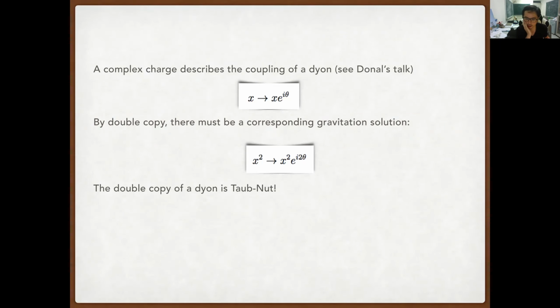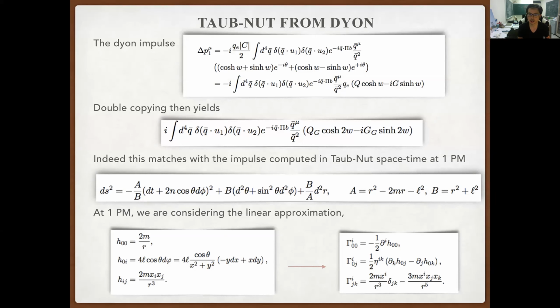And as it turns out, this something new, the double copy of the dyon, is the Taub-NUT solution. Just to see some evidence for this, here I present the dyon impulse, so we look at physical observables. The dyon impulse is given in this form, which is again the gluing of the 3-point amplitudes, and this omega here is the rapidity.